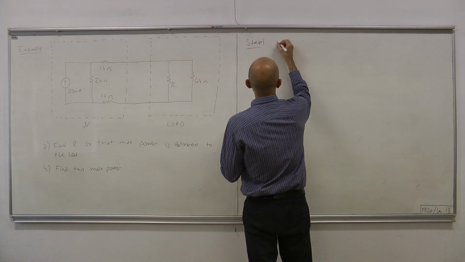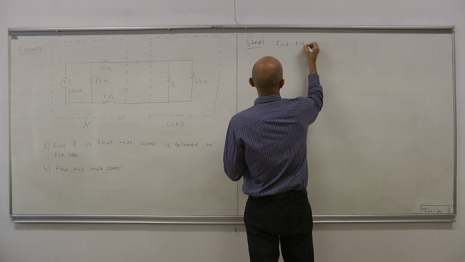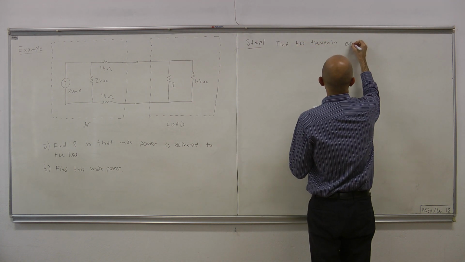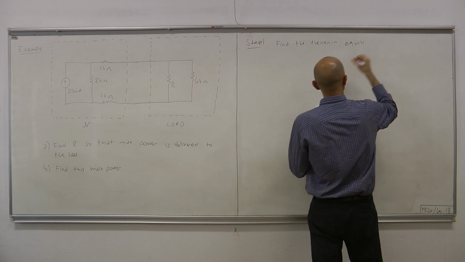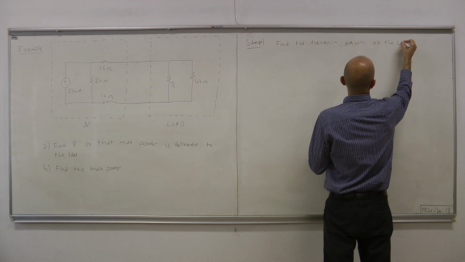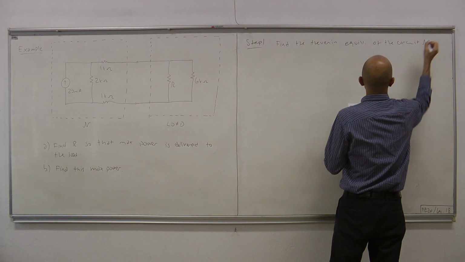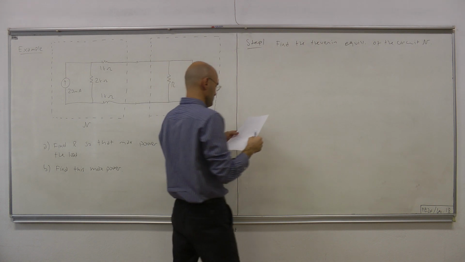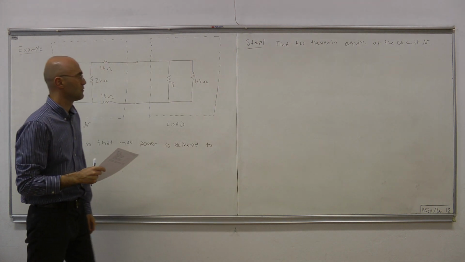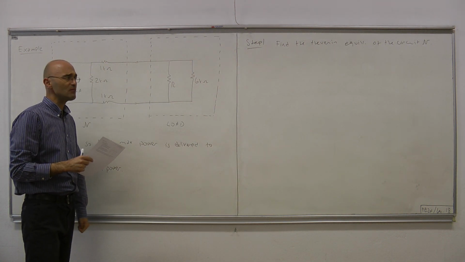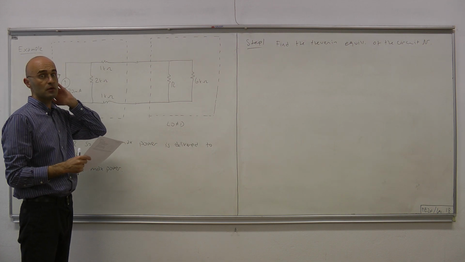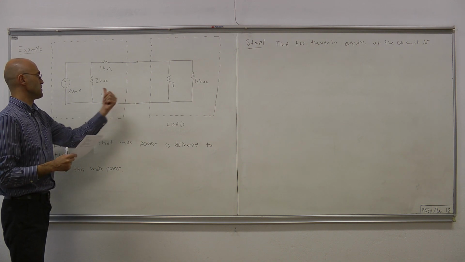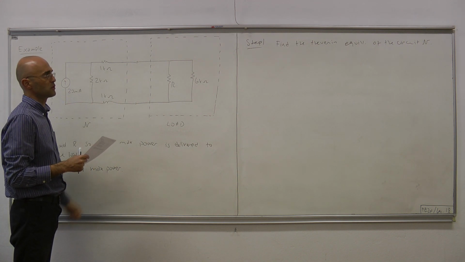Find the Thevenin equivalent of circuit N. So this part. And for this, we need to find the Thevenin voltage, which is the open circuit voltage, and Thevenin resistance, which is the input resistance once you kill all the independent sources inside.